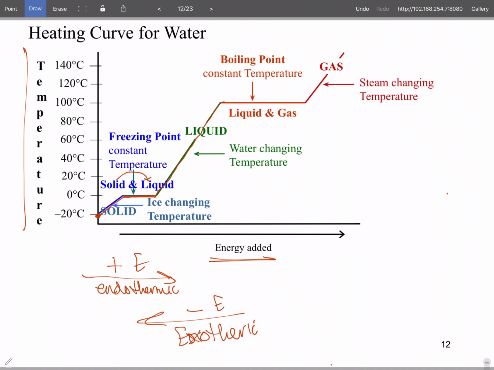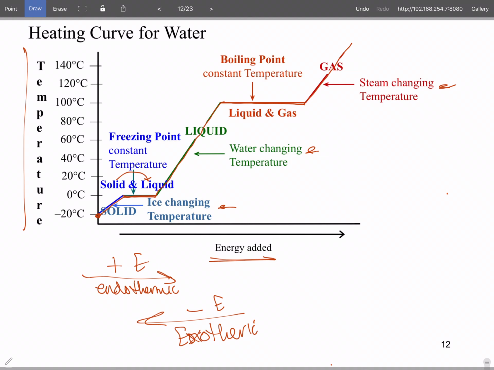So once you keep adding energy, it starts converting the liquid to the gas. Once all of the liquid has vaporized, then the temperature continues rising. Okay, so this is ice changing temperature, water changing temperature, and steam changing temperature.